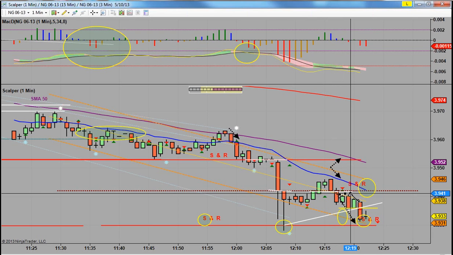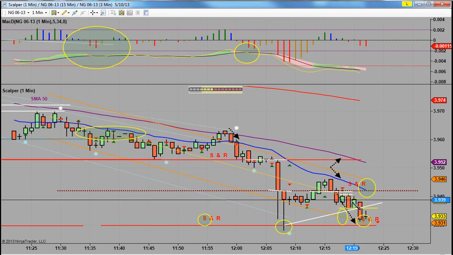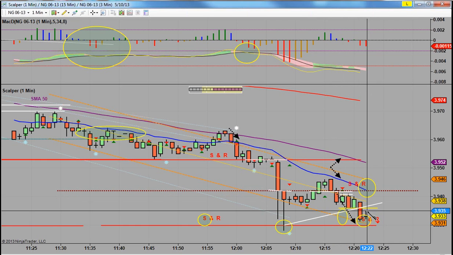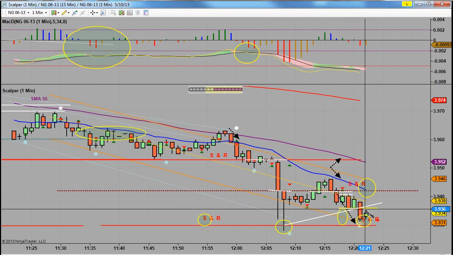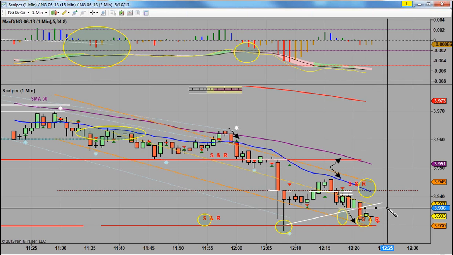Now this is resistance. And so on. Now we're looking for this support right here to become resistance right here. That's just as easy as it is.